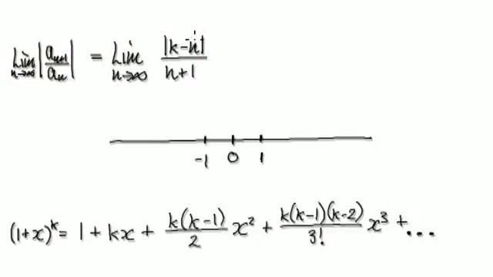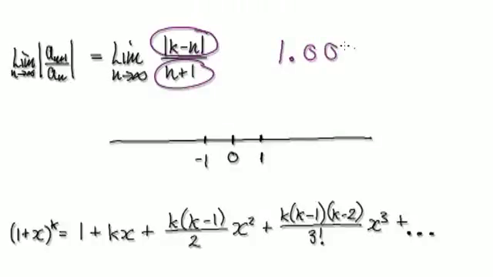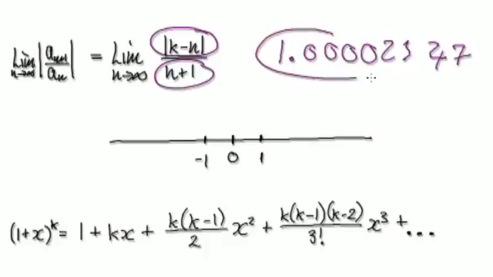Or you can have a scenario where even though the limit of this is heading towards 1, it could be the upper side of 1. So if this is slightly bigger than the denominator, then you're going to have something like 1.0000023, whatever. But the point is that this thing here is above 1. So we're going to have divergence.